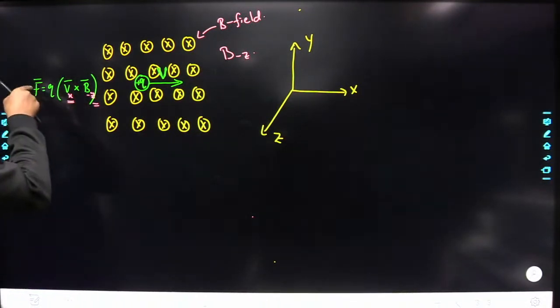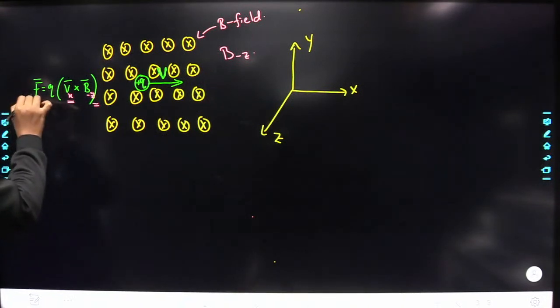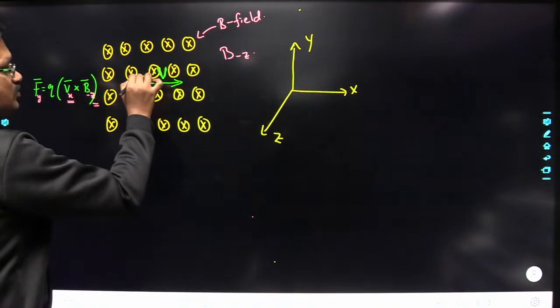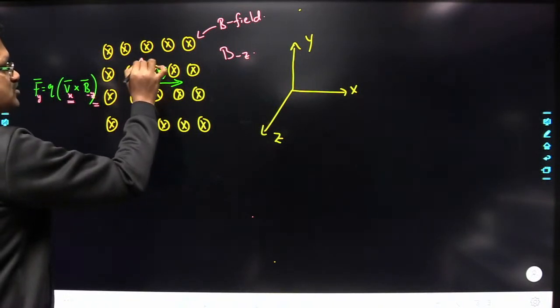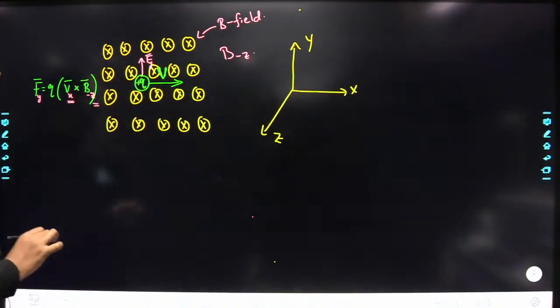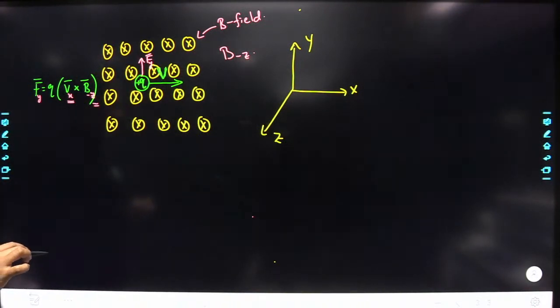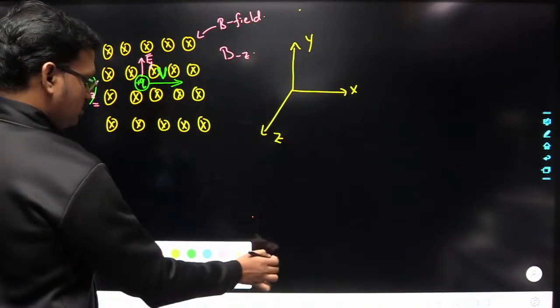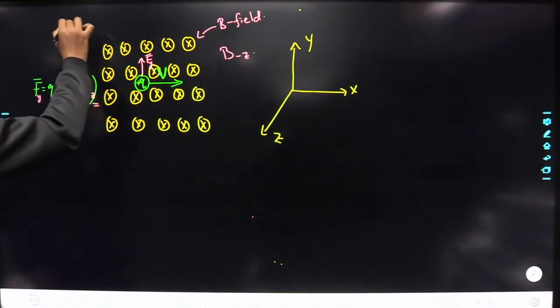So that means the force will be in Y direction. Understood? So this plus Q charge is going to experience the force in Y direction. Okay, so let us say this is 1.